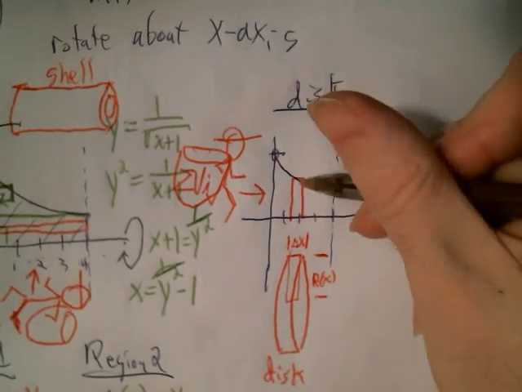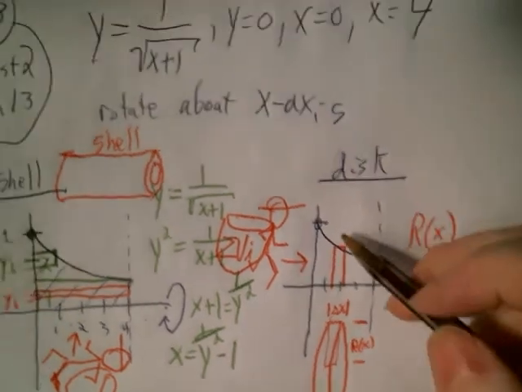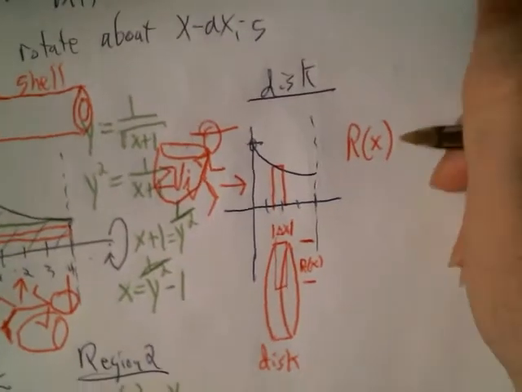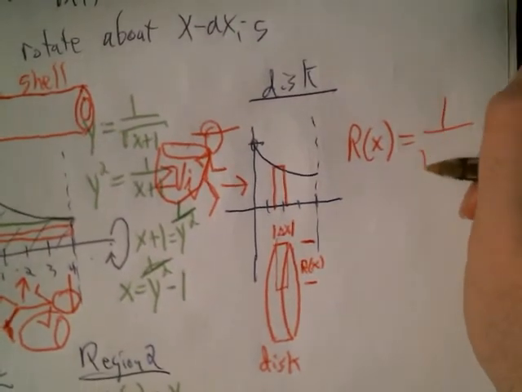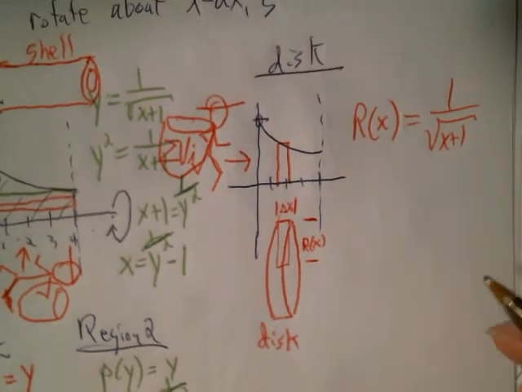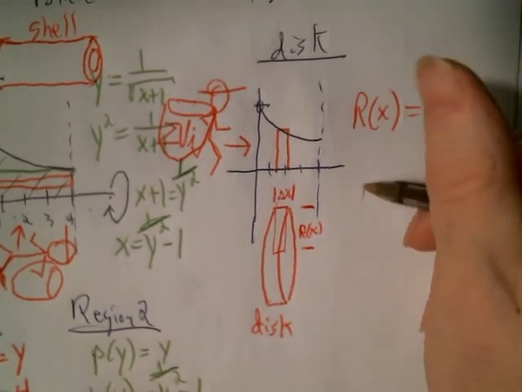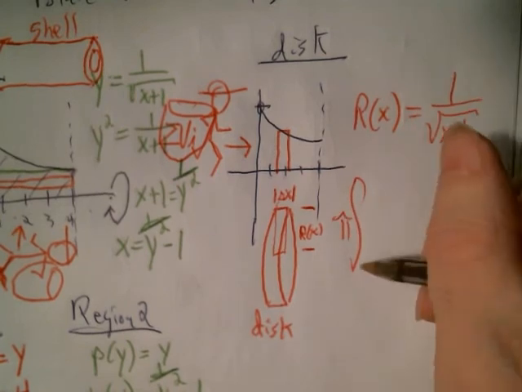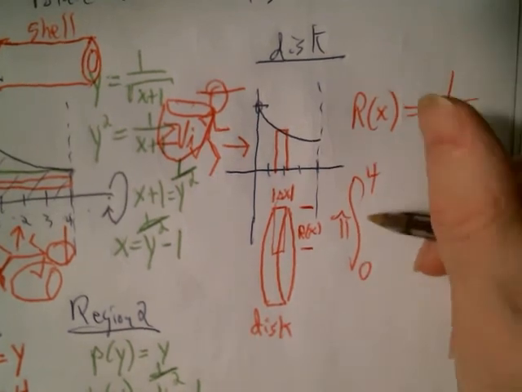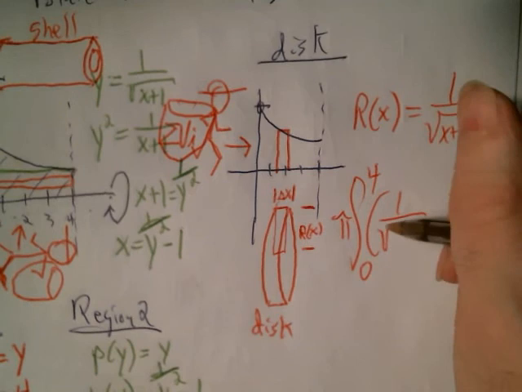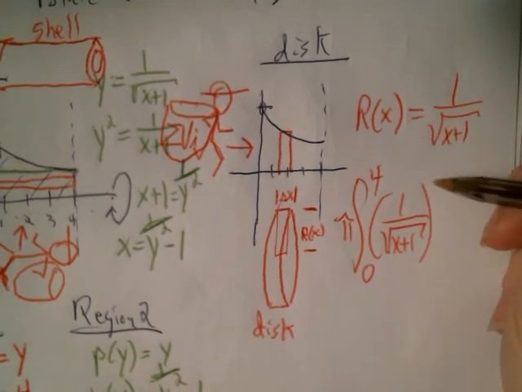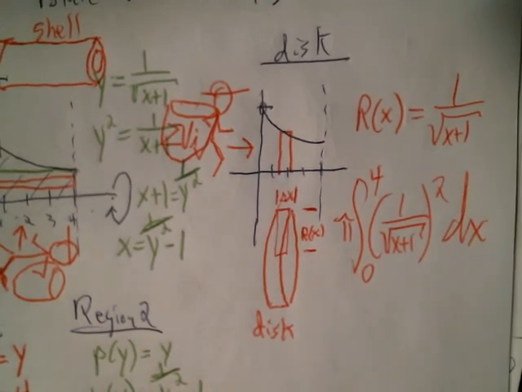It's just this dimension that I'm after, which is given by our original formula. So r of x is 1 all over the square root of x plus 1. And then dump everything into our integral. So it'd be pi from 0 to 4 of r of x, 1 all over square root of x plus 1 squared dx. And that's it.